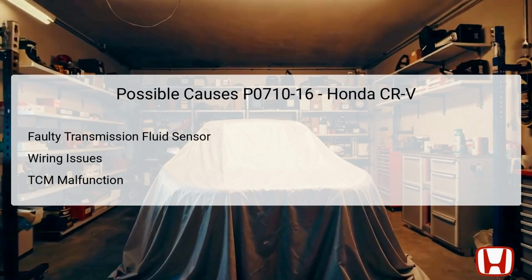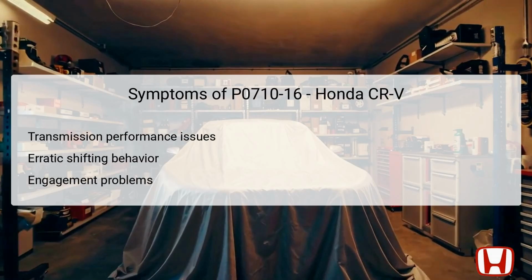Troubleshooting the wire integrity is vital to ensure that signals are not lost or disrupted. Finally, if the sensor and wiring are functioning correctly, the TCM itself could be at fault, potentially requiring replacement or repair. Therefore, a systematic investigation, starting from the sensor and moving through the wiring to the TCM, is essential for accurate diagnostics and repair.